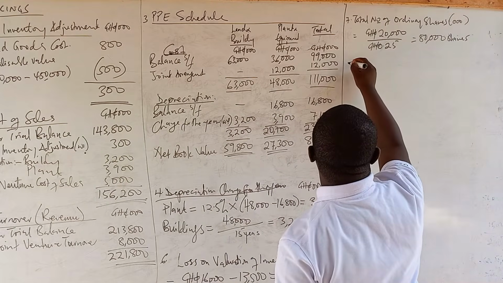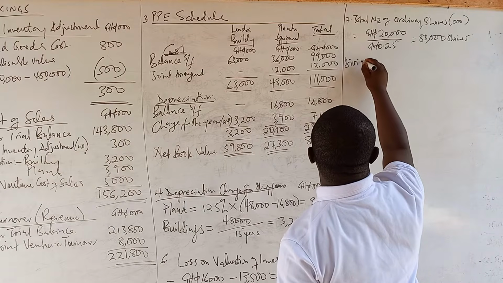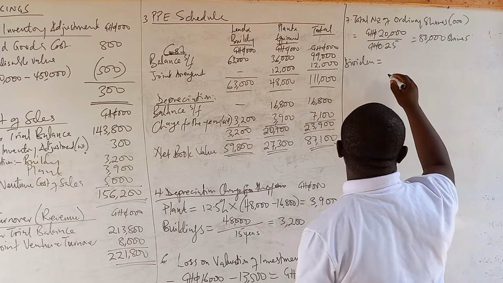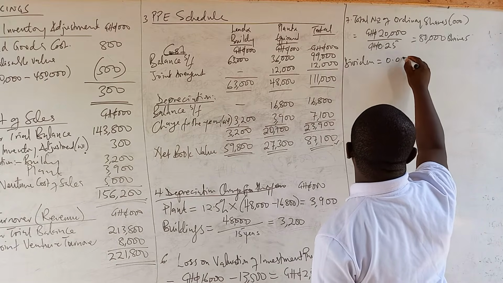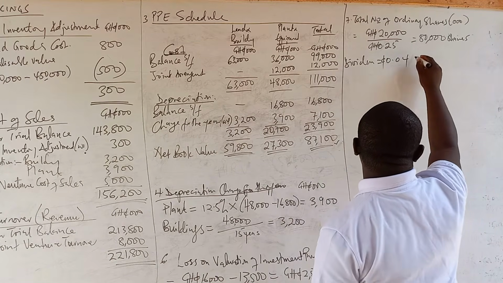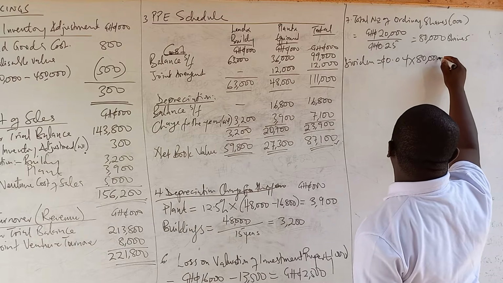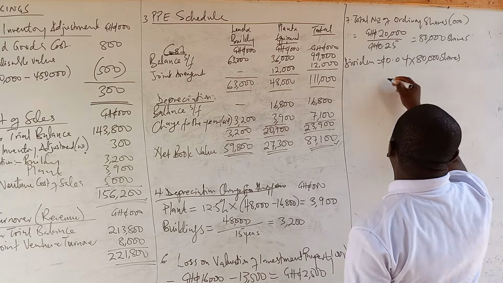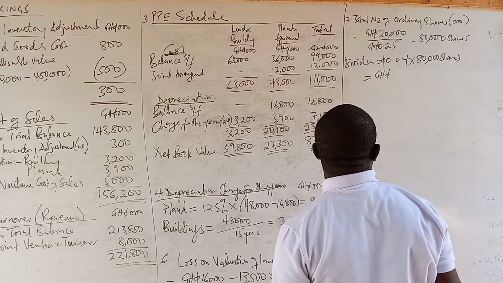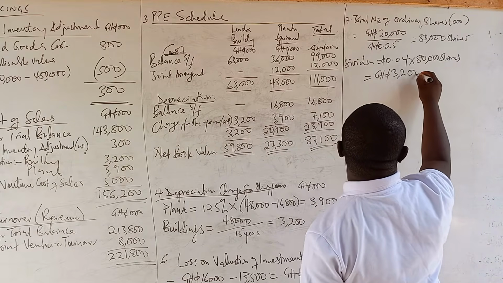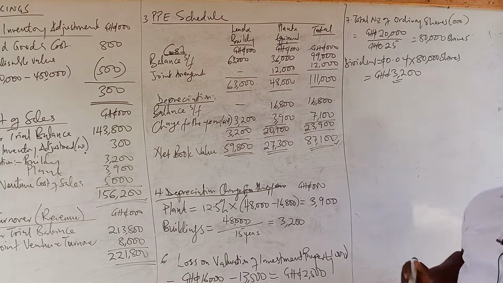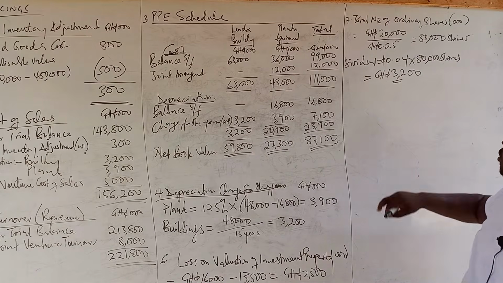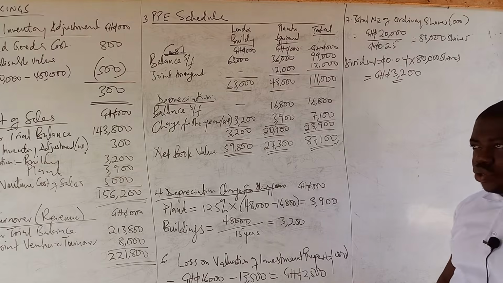So the ordinary dividend is going to be calculated as 4 pesos, so 4 pesos is 0.04 Ghana cedis, times the total number of shares, 80,000 shares. And that is going to give us 3,200 Ghana cedis. So ladies and gentlemen, the dividend component of the interest expense is ascertained to be 3,200, whereas we have the interest to be 5,000.